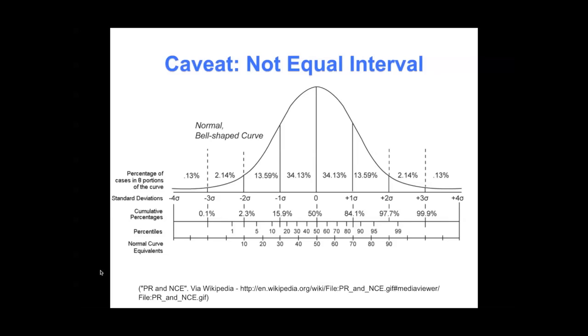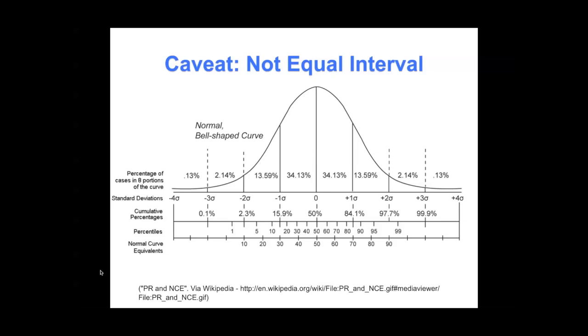Another important caveat, though, is that these scores are not equal interval. Basically, the spread between two adjacent percentile ranks is not the same in the score values for them. And typically, the difference between two percentile ranks in the middle is far less on the raw score than two of the same percentile rank differences on the extremes for these two raw score values.